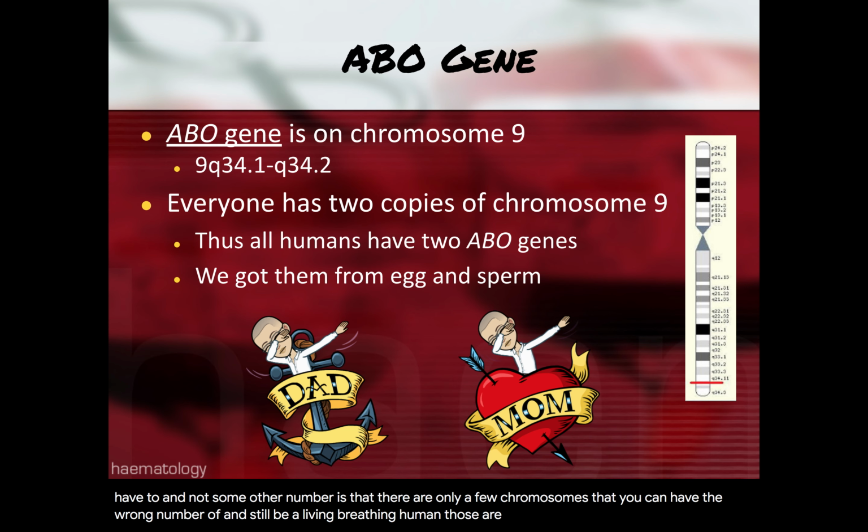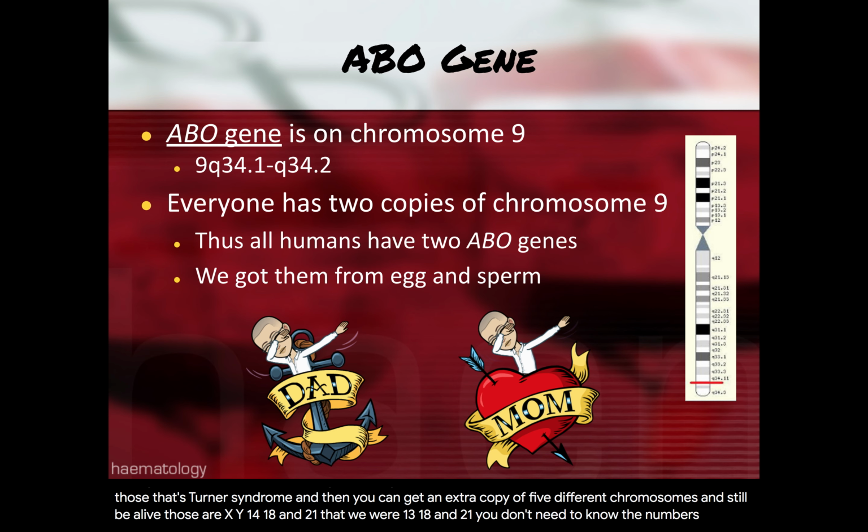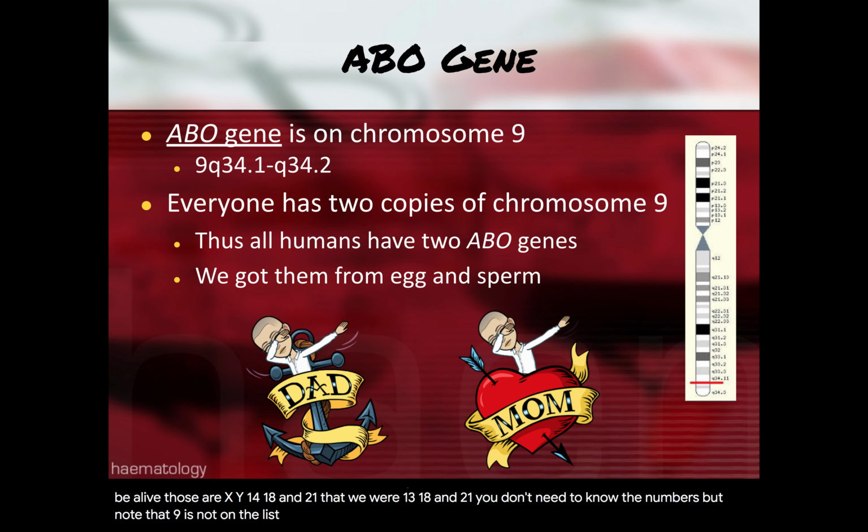Those are the X chromosome. You can lose one of those. That's Turner syndrome. And then you can get an extra copy of 5 different chromosomes and still be alive. Those are X, Y, 14, 18, and 21, I believe, or 13, 18, and 21. You don't need to know the numbers, but note that 9 is not on the list. Therefore, if you are alive, you have 2 9s, one from Mom, one from Dad.